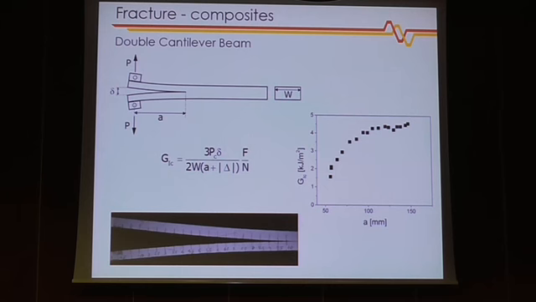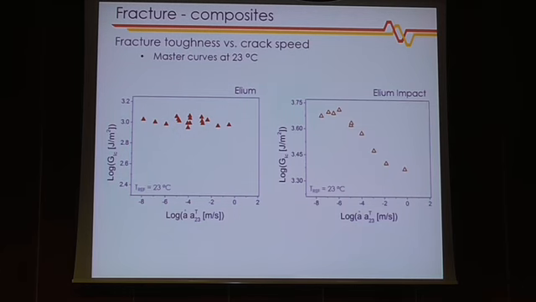So we adopted the same procedure as for the matrices, and we performed the tests at different rates and at different temperatures, building the master curves at the reference temperature of 23 degrees.